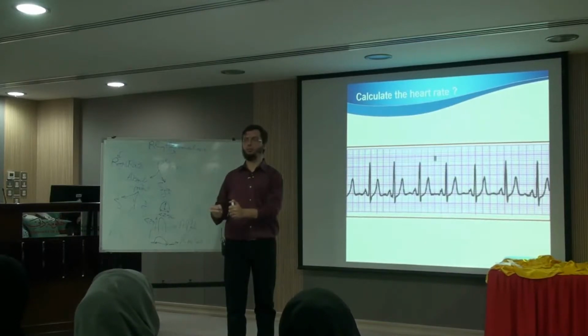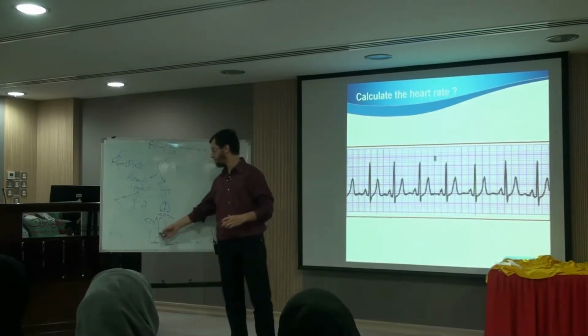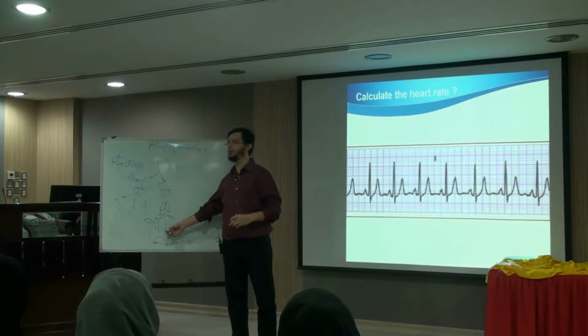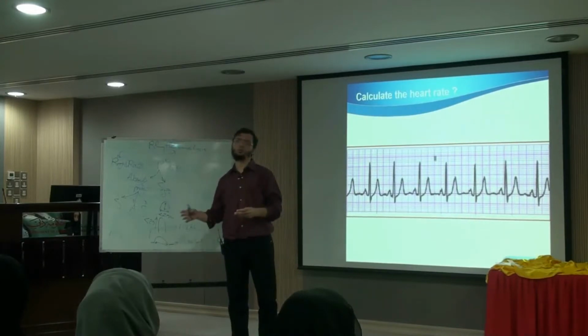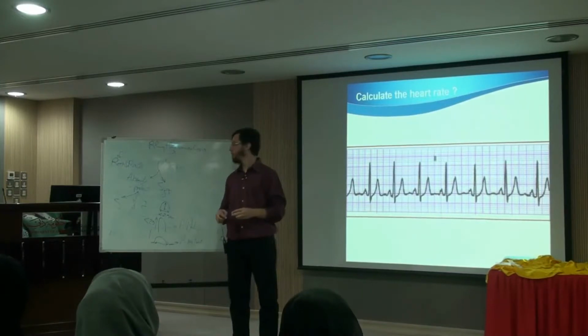So with the hypertrophy, what do you think about the voltage? Increases. So with the increase of the voltage in the right atrium, you get higher voltage in the P wave. So you get the P pulmonale. And the P pulmonale, most probably the right ventricular hypertrophy is because of the pulmonary artery pressure.